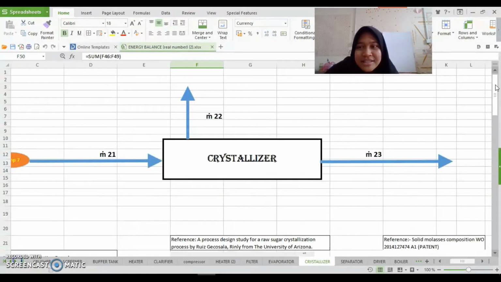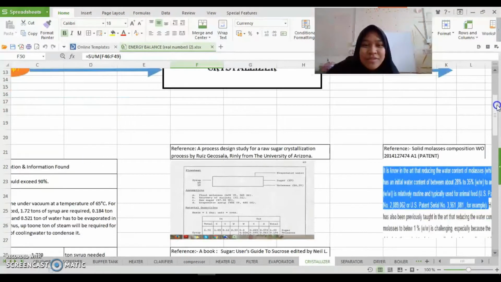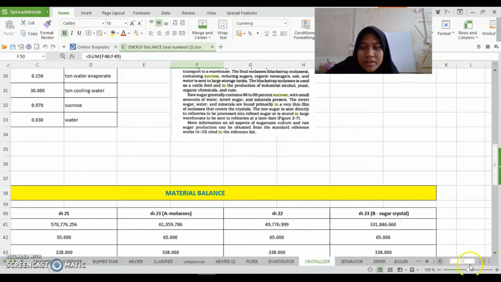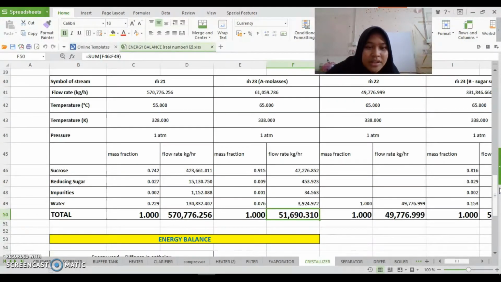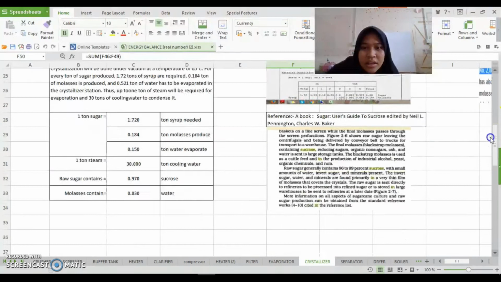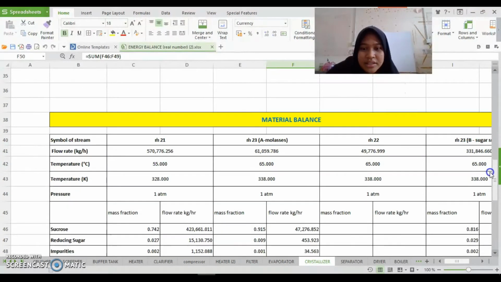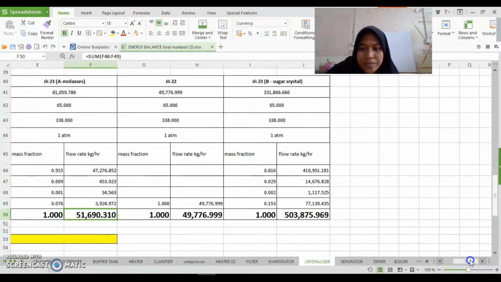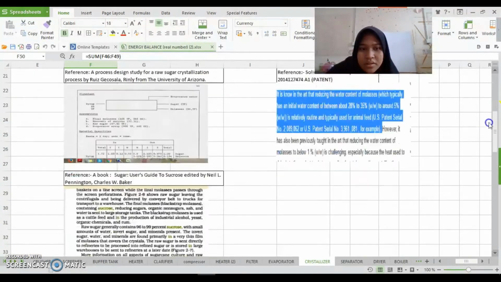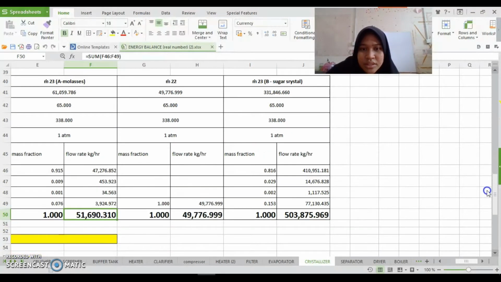Okay. Next is crystallizers. In mass flow rate for crystallizer, enter to the crystallizer is around 570,000, and mass flow rate molasses that out from the crystallizer is 51,000, and water out from the crystallizer is 49,000, and the mass sugar crystal from the crystallizer is around 503,000.